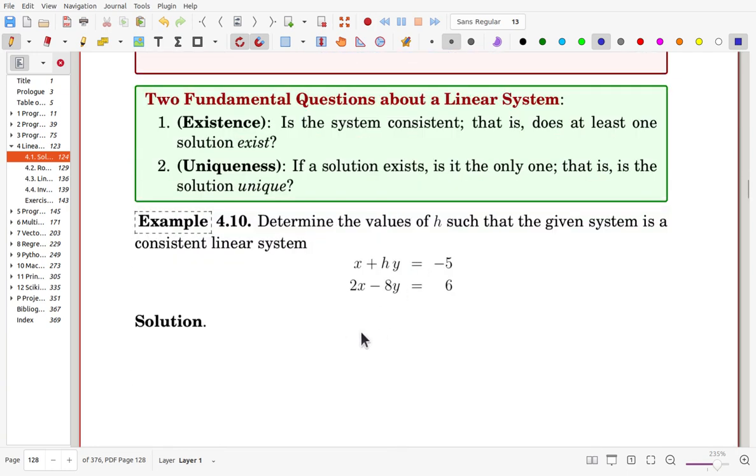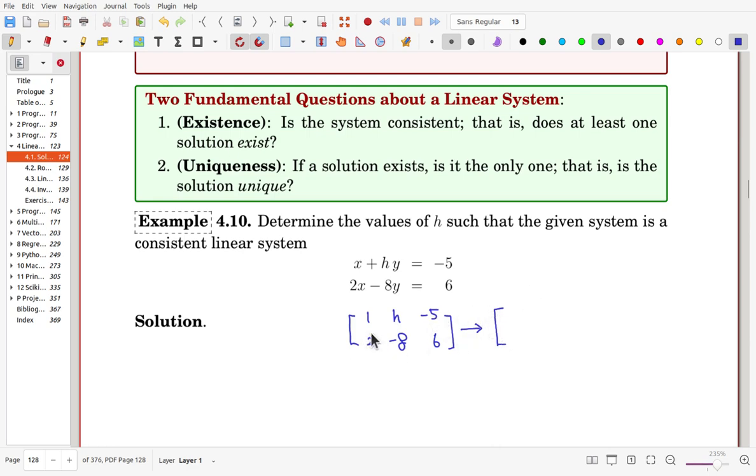So we'll try the augmented matrix. We collect the essential information: 1 and h, and 2 and -8 from the coefficient matrix, and right-hand side -5 and 6. If it has at least one solution, then the original system will have the same solutions. Let's try to apply elementary row operations.